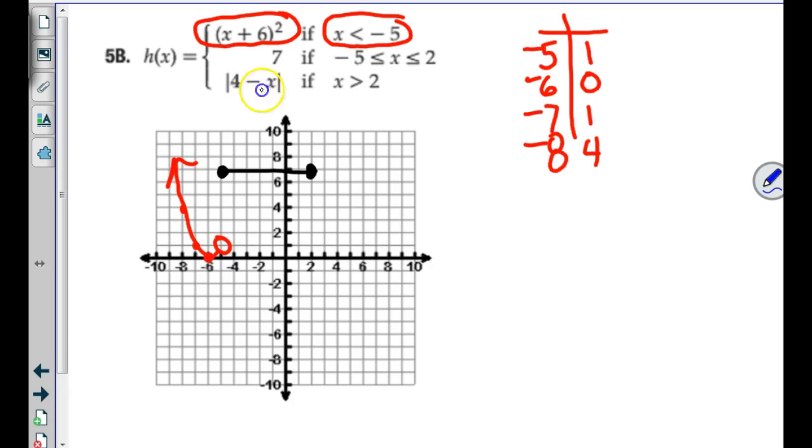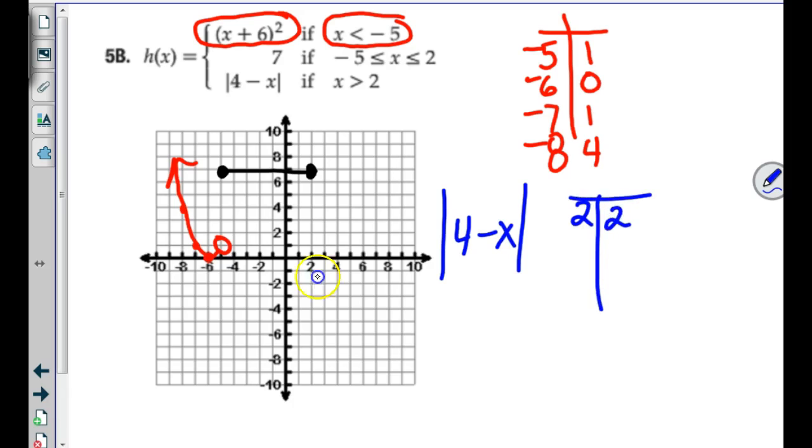From 2 and greater, we're using this. Actually, what should we start with? 2, because that's going to be where the open circle is, right? So if I put a 2 in, what do I get out? 2. So at 2, 2, there's an open circle.